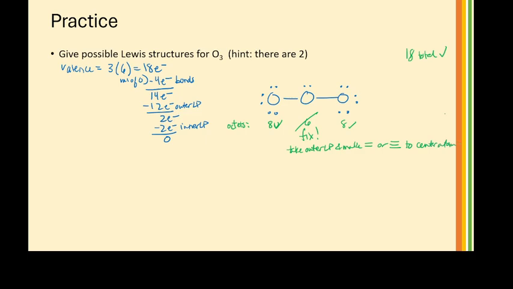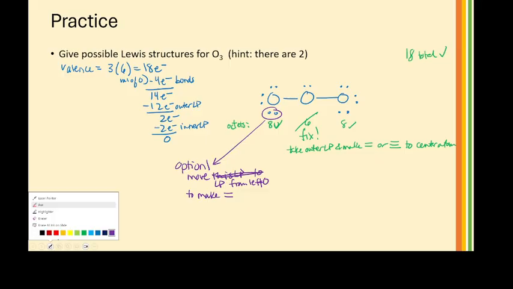And the reason why we have two options will become clear. One option is to move a lone pair from the left oxygen, any one of the ones on this oxygen, to make a double bond.